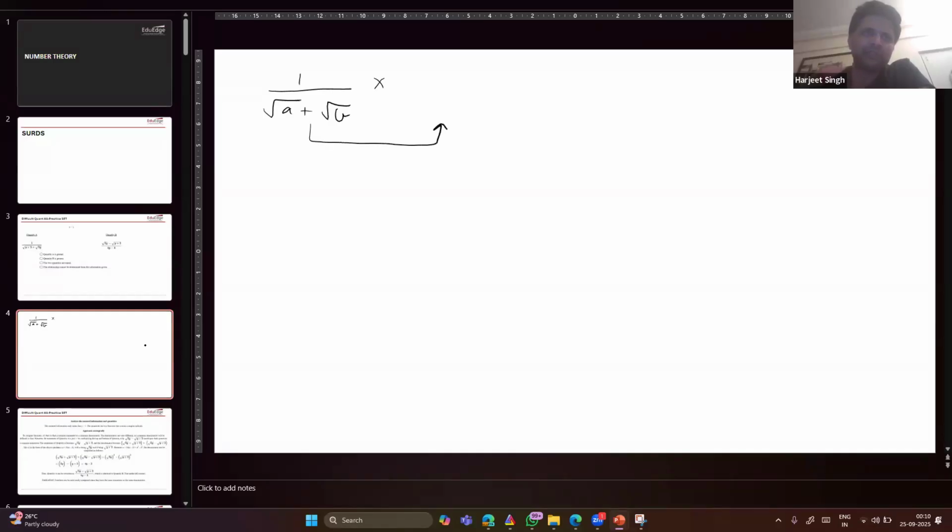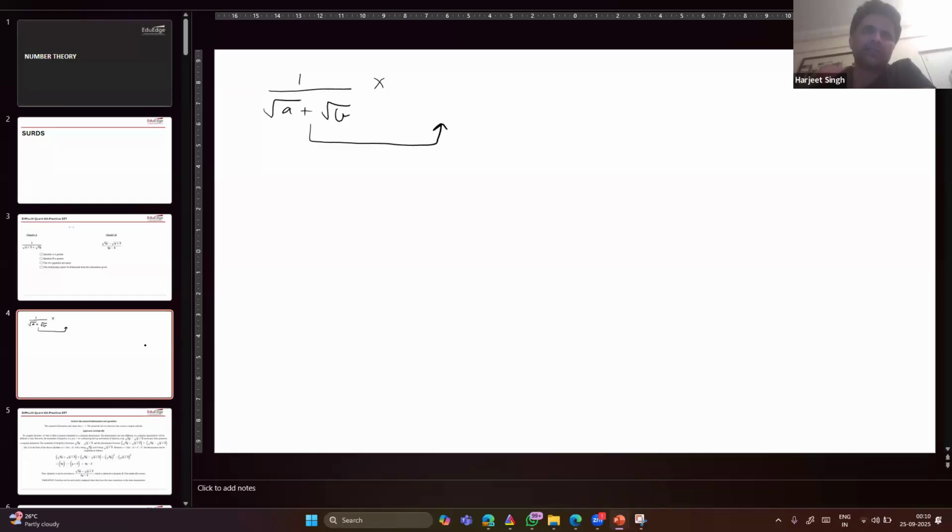So if you remember, we did a chapter on exponents and radicals, in which I had mentioned that if you have a radical in the denominator, like root a plus root b, to simplify this, you need to multiply numerator and denominator by the complement of this.